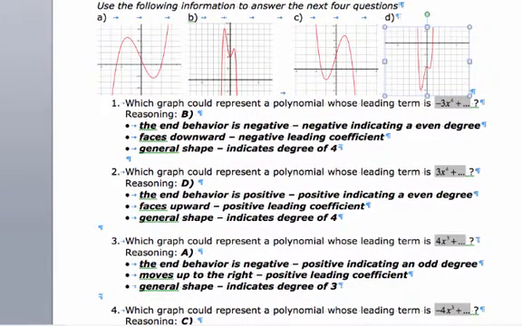Question number 3 says which graph could represent a polynomial whose leading term is a positive 4 times x cubed. Okay, so positive leading coefficient, that means that our end behavior is going to be positive, which happens here with a degree of 3. This looks sort of linear except for these extra little bumps, these peaks and valleys in the middle.